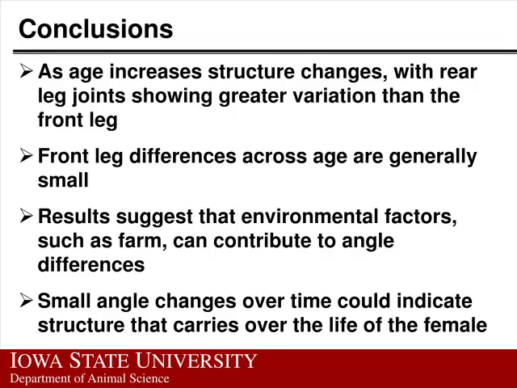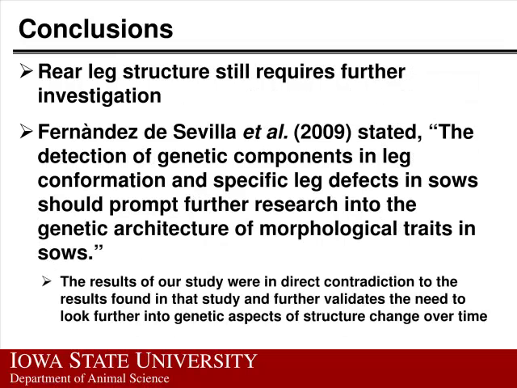But I say that because with less variation across time, if we take that at selection, we know what it's going to be over time as well. Rear leg structure still requires further investigation. I think a lot of what we can look at in that rear leg structure is, do those changes carry over time and time again in opposite directions as we saw in those results.